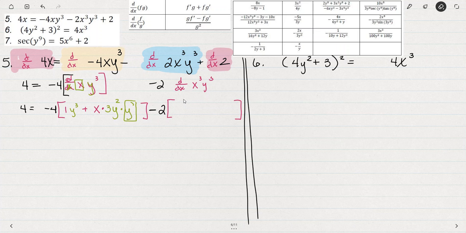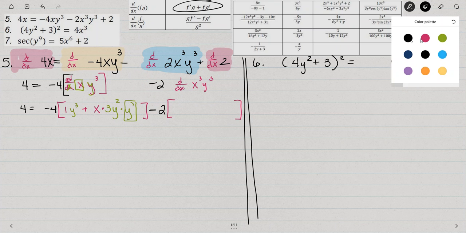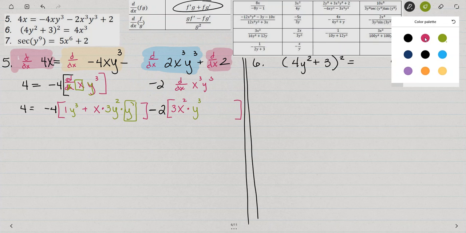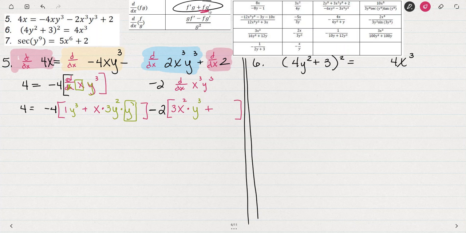And when I do the derivative of x cubed y cubed, applying the product rule here, I'm going to get the derivative of the first, so the derivative of x cubed, 3x squared, times the second term, so times y cubed, plus the first term, f, the x cubed, times the derivative of the second, the derivative of y cubed.